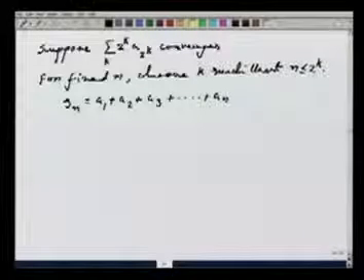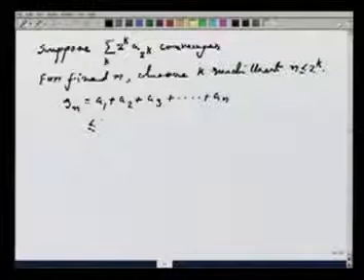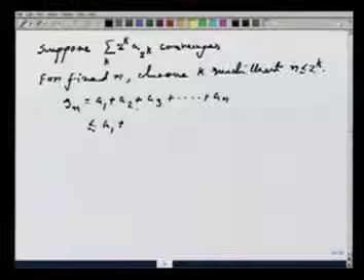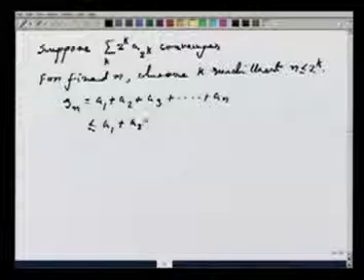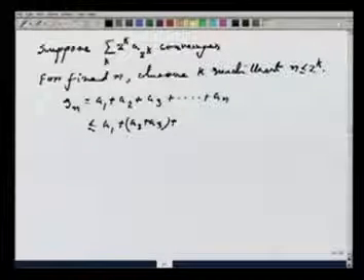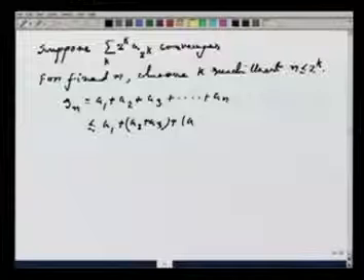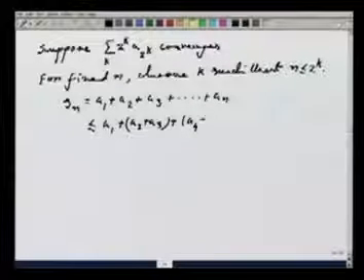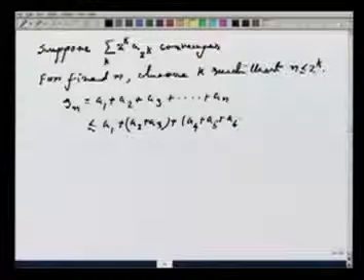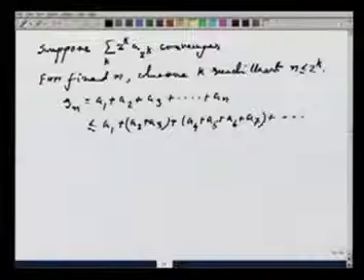Then I write that this is less or equal to a1 plus a2 plus a3 plus a4 and so on.